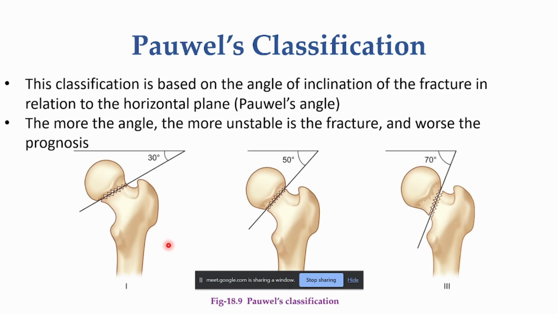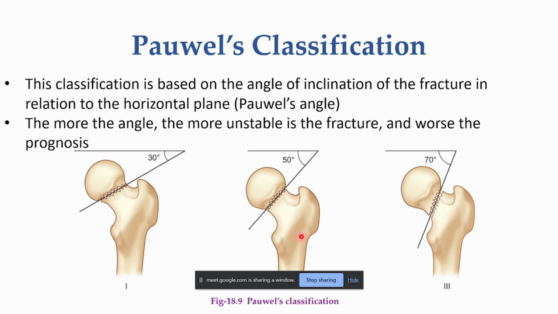So next we will see the Pauwels classification, based on the angle of inclination of the fracture with relation to the horizontal plane, and it is of three types. First, in type 1, the fracture is making a 30° angle with the horizontal.